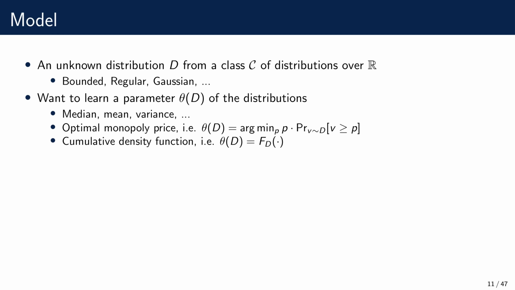It can be a standard distributional parameter such as the median, mean, or variance of the distribution. It can also be a parameter that we want to optimize in a mechanism design problem, for example, the revenue maximizing monopoly price. It can even be the cumulative density function, which gives the entire picture of the distribution.